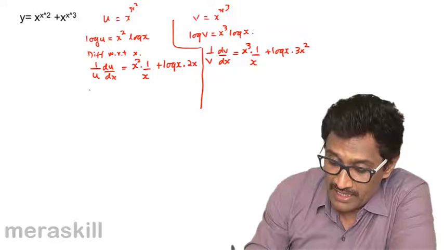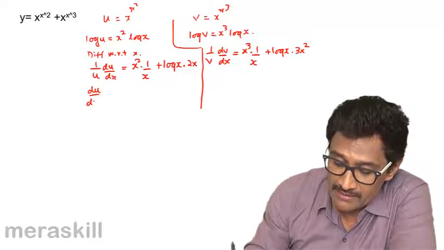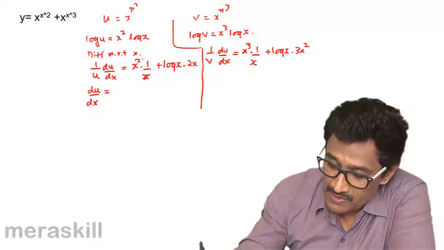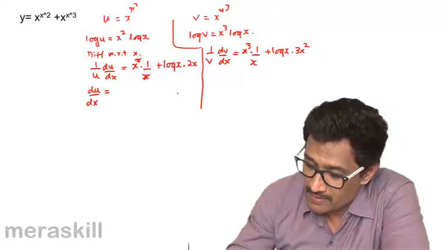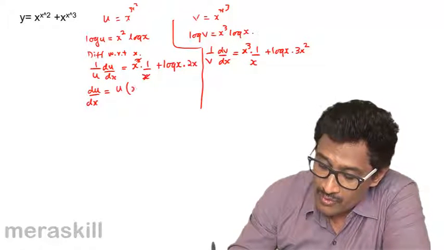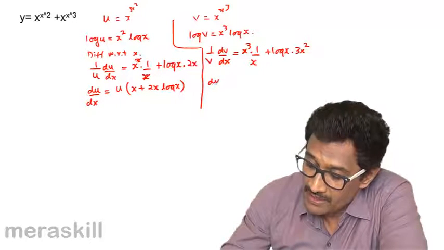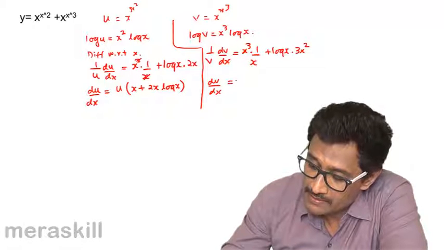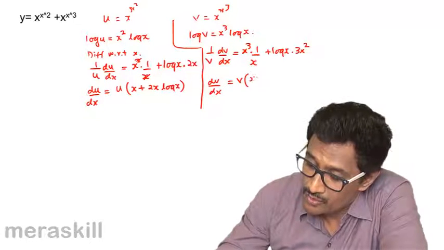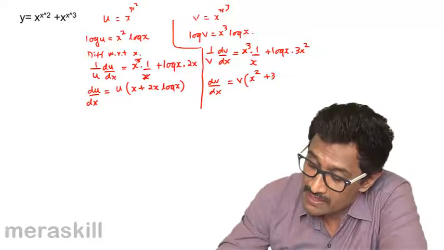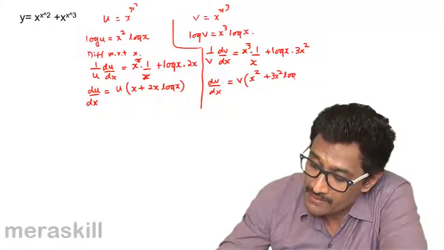So therefore we get du by dx as u into x plus 2x log x, and dv by dx is v into x square plus 3x square log x.